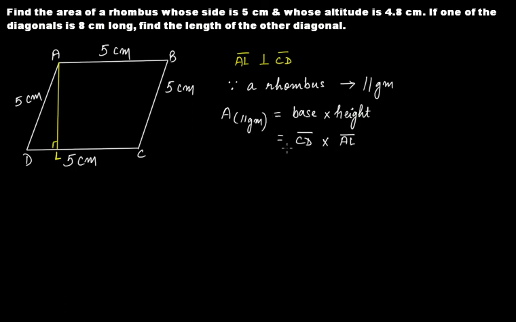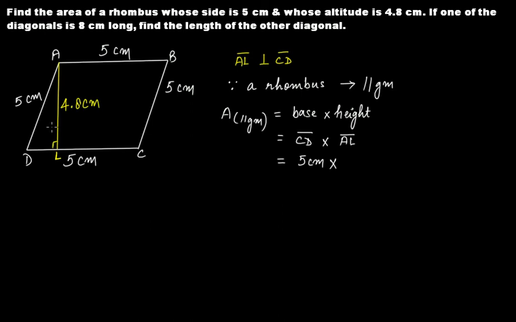Okay, so if you put these values here, CD is 5 centimeter, AL is again 4.8 centimeter.